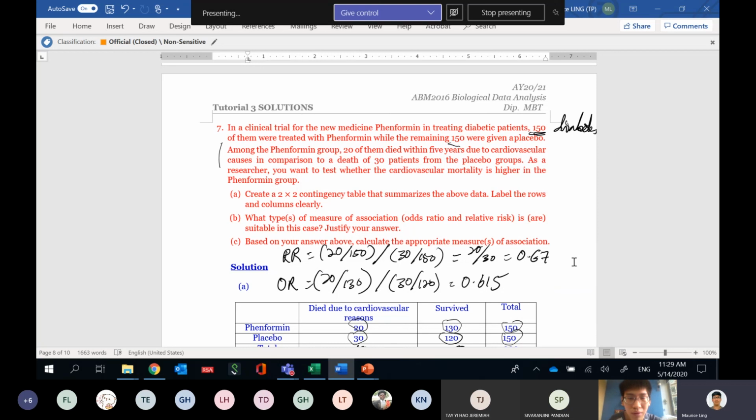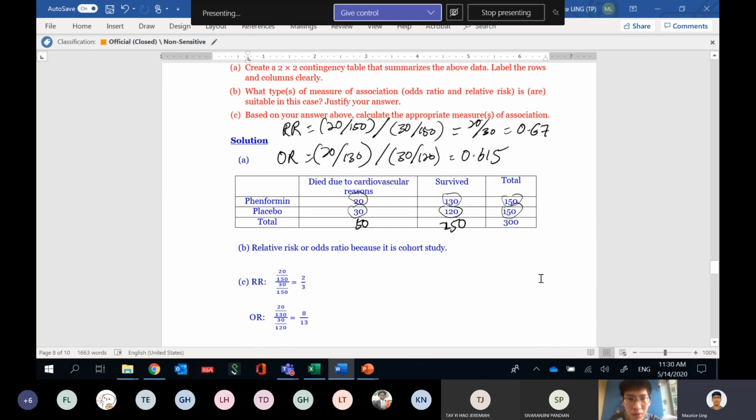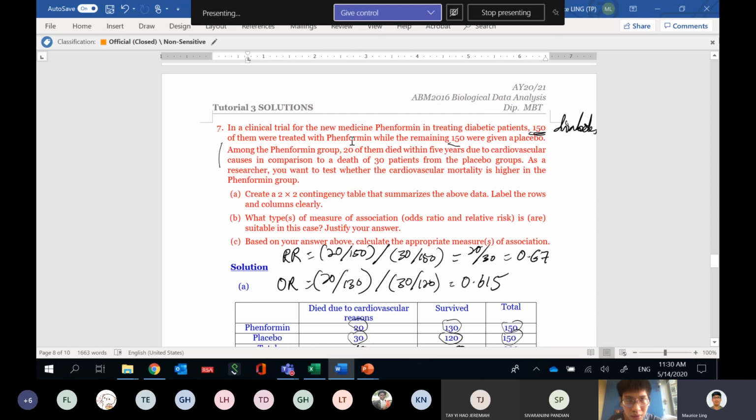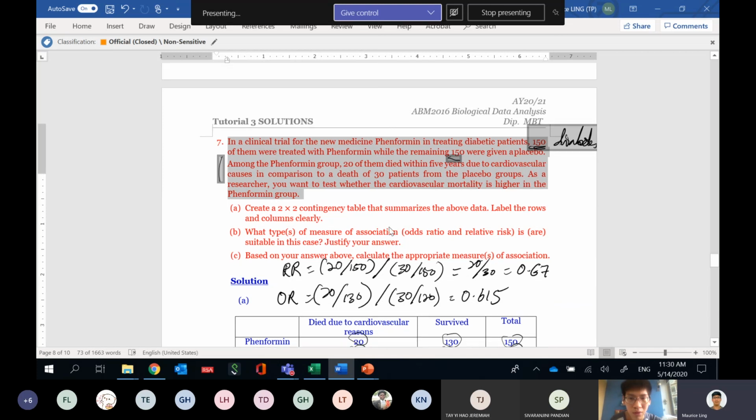Yeah, I think some of the tutorial questions are a bit messed up, but you get the idea. That's the main thing. So if I ask you this type of question, you should be able to calculate. The most important part that you need to know is how do you get from the text into a table? That's the first part. If you don't know how to get from a text to a table, then you have no idea how to calculate the second one already.